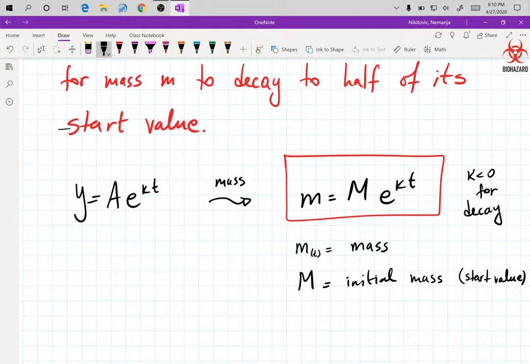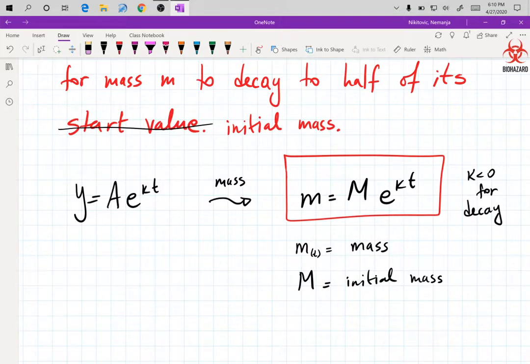Start value, initial mass. There we go, fixed. Now I can get rid of this nonsense. All right, t is time, and for the time you have to use appropriate units.